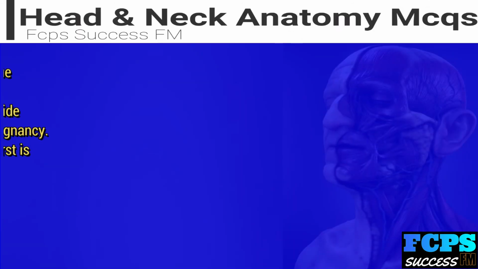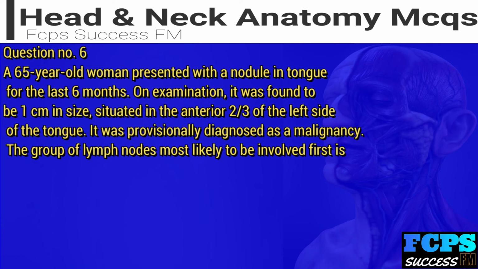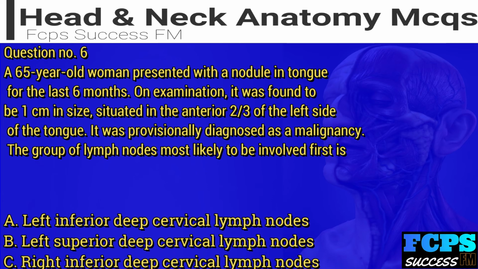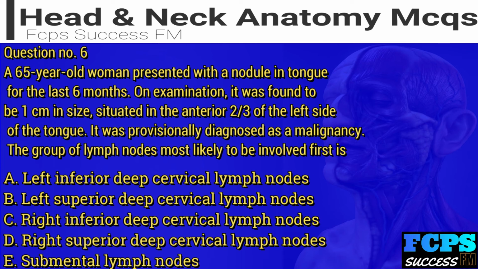Question number 6. A 65-year-old woman presented with a nodule in the tongue for the last 6 months. On examination, it was found to be 1 centimeter in size, situated in the anterior 2/3 of the left side of the tongue. It was provisionally diagnosed as a malignancy.